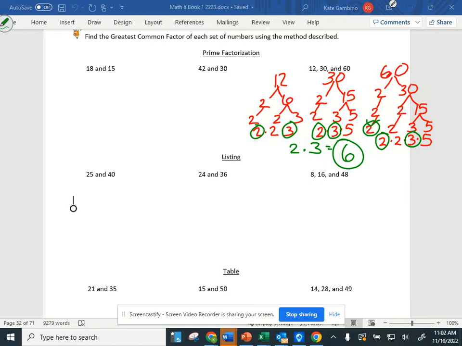Let me see yours on your whiteboard when you get it done. Put your answer on the whiteboard, I said. So when you get it done, put your answer on the whiteboard.